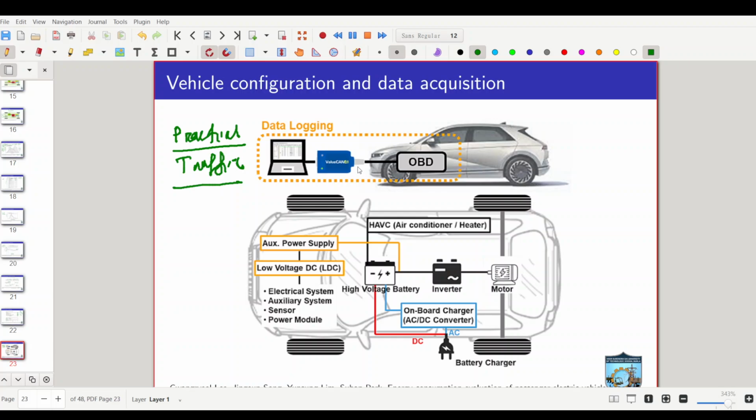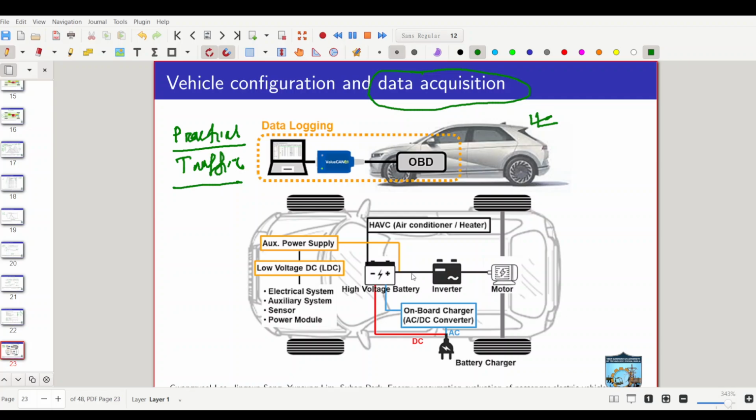A very elaborate data acquisition system is provided on this real-time vehicle. Data logger systems are provided which are connected by various sensors. This is the typical architecture of the vehicle that was used. It's a practical commercial vehicle.